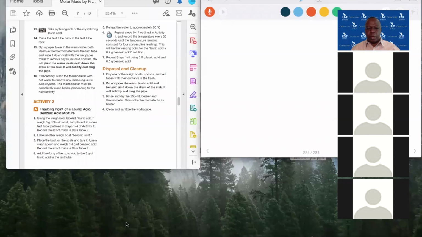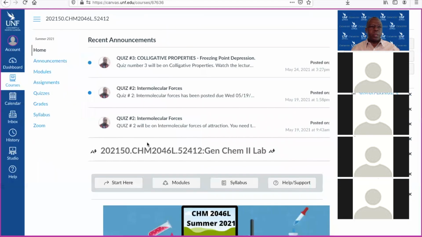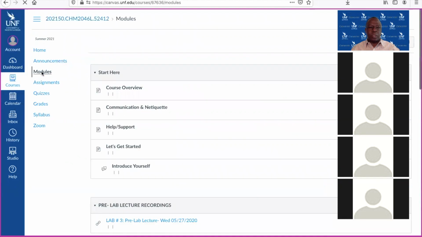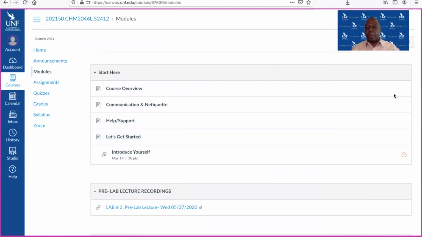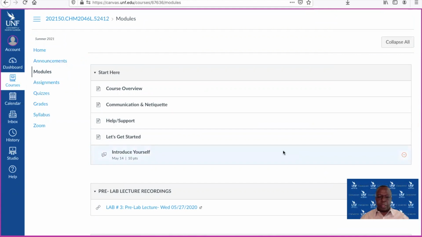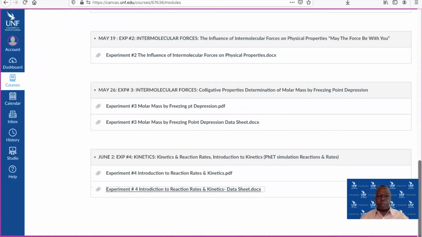If you click on the home page for the course, there are the modules. You need to click and scroll down to module number 3. That is determination of molar mass of a compound. It's our experiment today, determination of molar mass using freezing point depression.